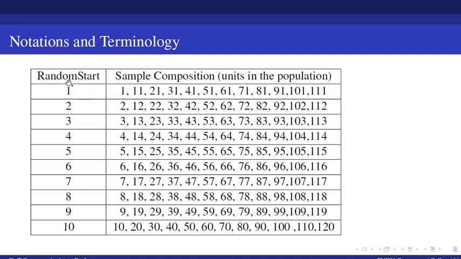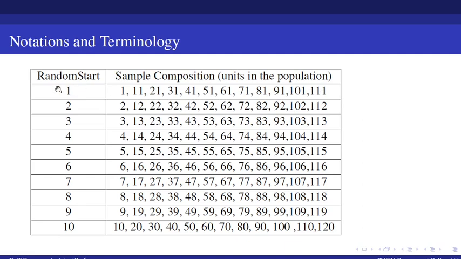Here, this is the random start. Suppose 1 is our random start, the sample is 1, 1 plus k, 11, 21, like that: 1 plus 2k, 1 plus 3k, 1 plus 4k. So 1, 11, 21, 31, 41 are the samples selected.